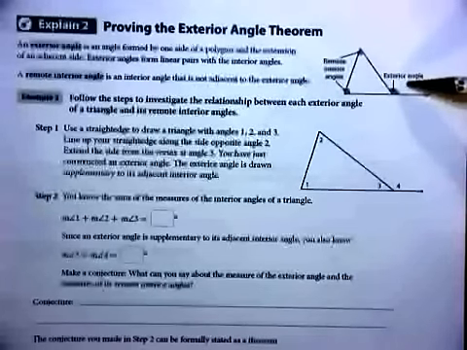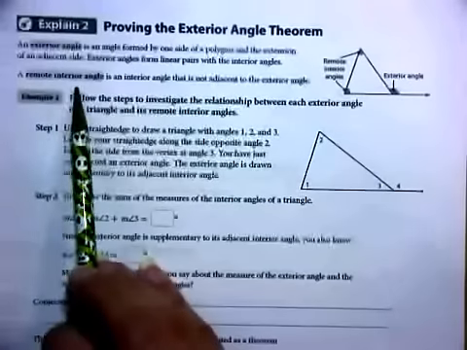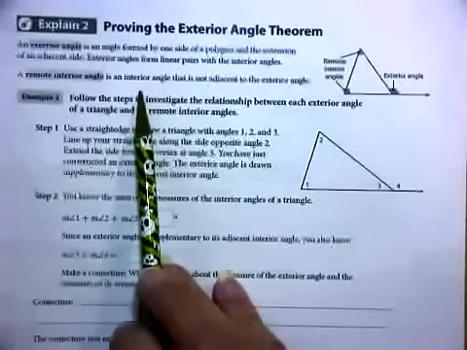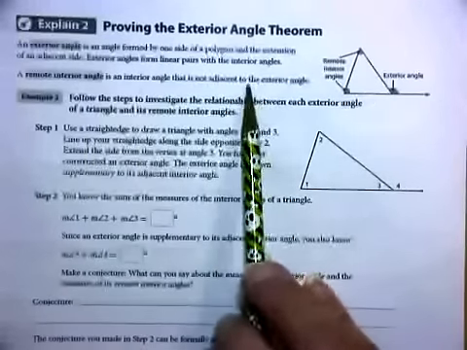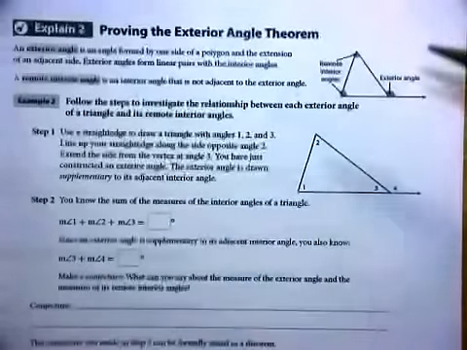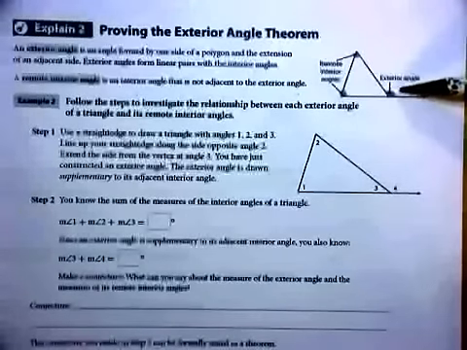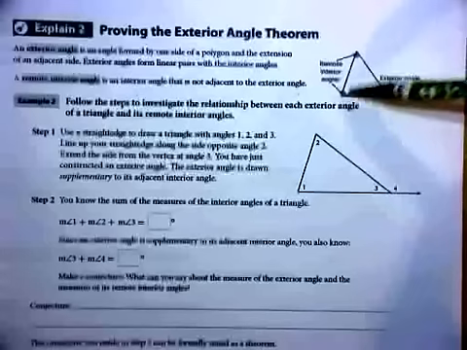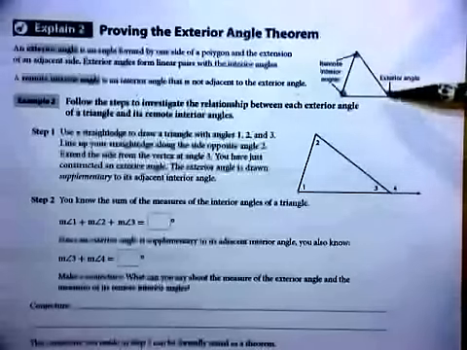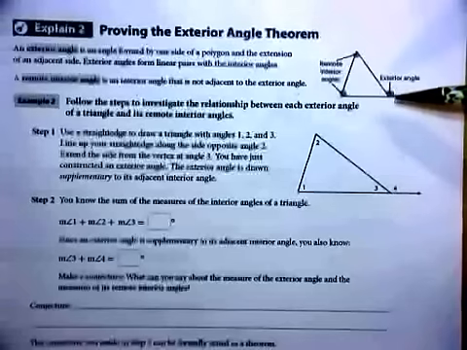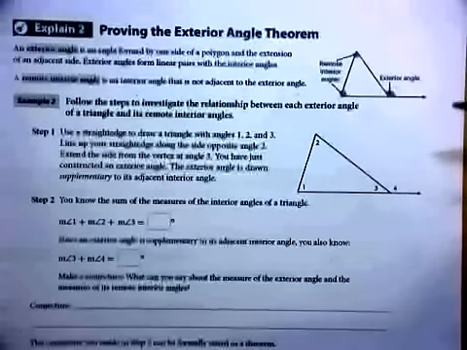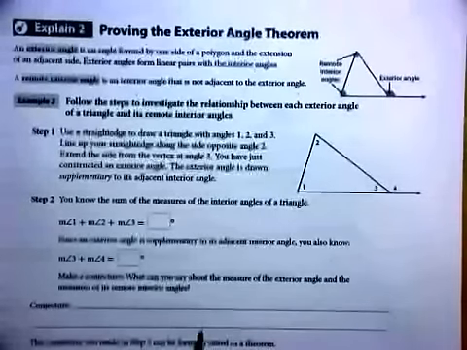This angle here is an exterior angle, and the remote interior angles are the interior angles of the triangle that are not adjacent to the exterior angle. So in plain old teenage English, you might say that the remote interior angles are the angles of the triangle that aren't touching the exterior angle. That may be one way that you'd remember it.